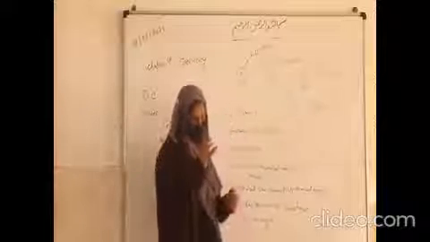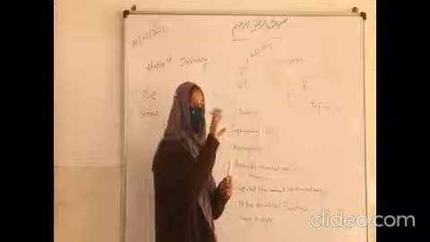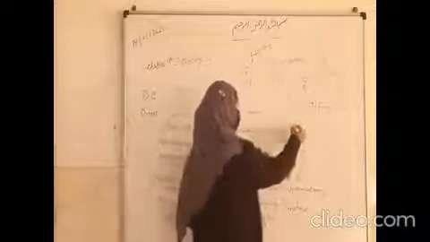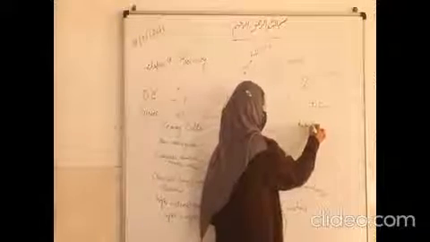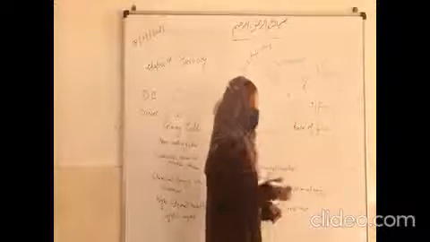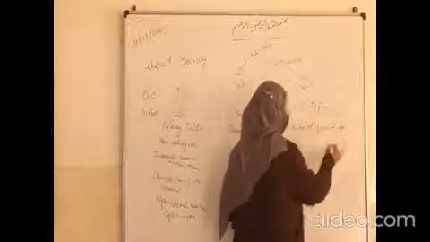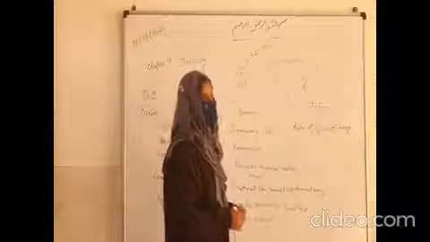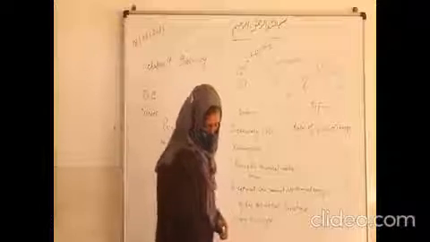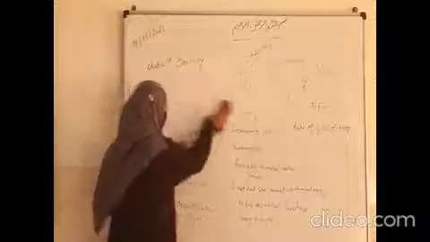So the flow of electrons constitutes an electric current, and it is the rate of flow of charge. Whenever rate comes, it means with respect to time. So rate of flow of charge is known as electric current. From this definition, we can develop the formula of electric current.